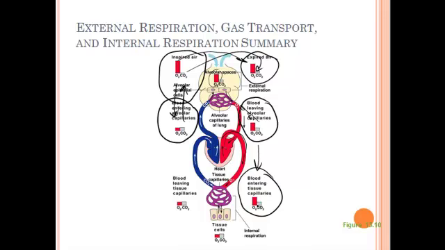It has a high amount of oxygen and a lower amount of CO2, and it's going to come in contact with the tissues, with the cells of the body. And in the cells we have a low oxygen concentration because we've been doing cellular respiration, we've been losing that oxygen, and we have a high CO2 content because that CO2 has been building up as we burn the oxygen, as we burn the food.